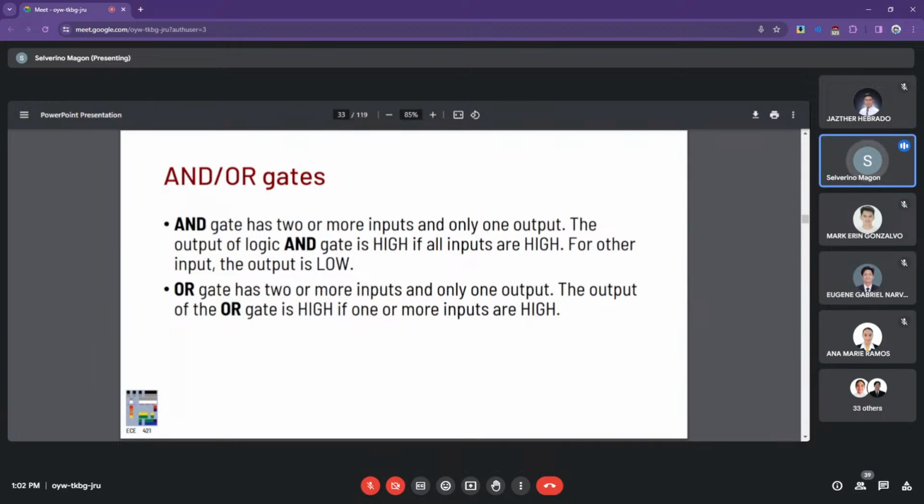For example, an AND gate has an output of high if all the inputs are high, and has an output of low if any of the inputs is low. Conversely, we have the OR gate, which produces a high output if any of the inputs is high.